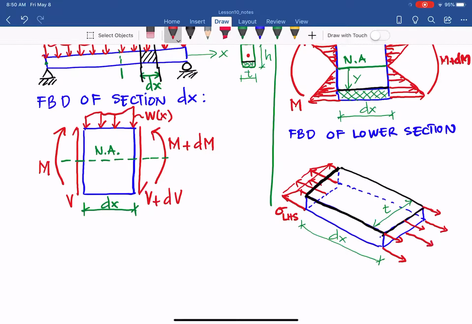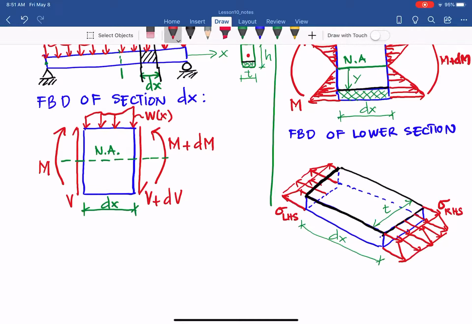I'll just make a few representatives so it will not look busy. So that one, we call sigma, the normal stress on the right hand side.